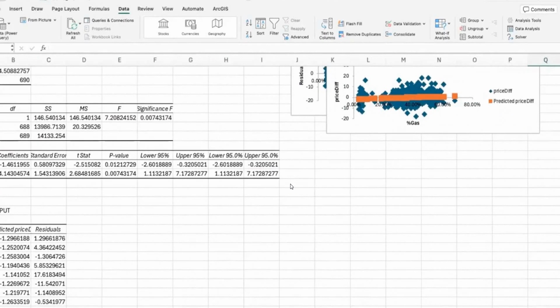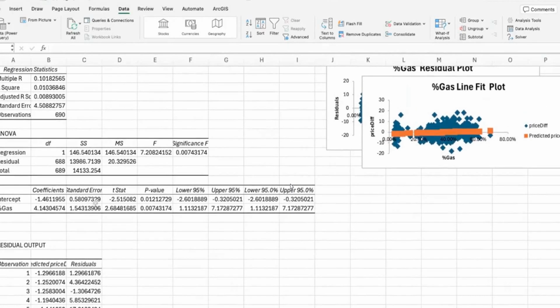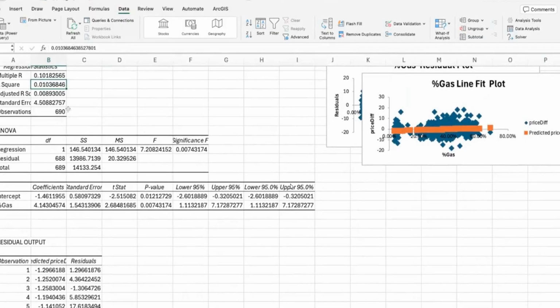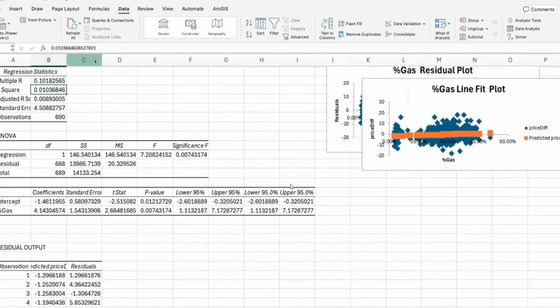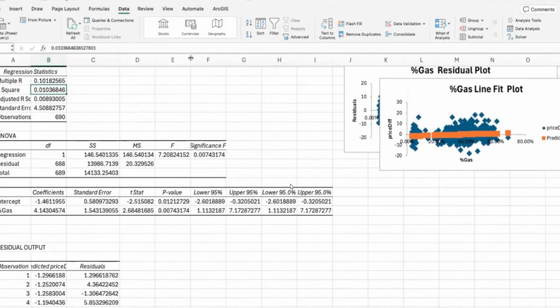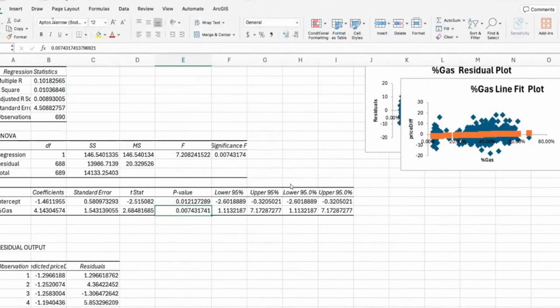And let's look at the R-squared coefficient and the p-value. So still, percentage of gas alone can only explain 1% of the variance. So you can see the power is really small. And then let's look at the p-value and the coefficient. So the p-value here is less than 0.05.